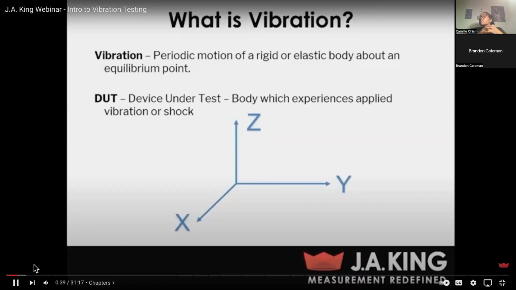And when we're talking about vibration testing, specifically that body that experiences the vibration, we refer to as the DUT, or the device under test. And typically with vibration testing, we're going to be testing under one of the 3 mutually perpendicular axes, X, Y, or Z.